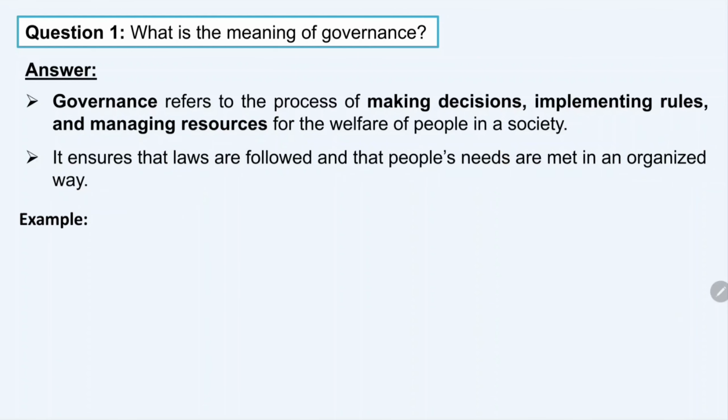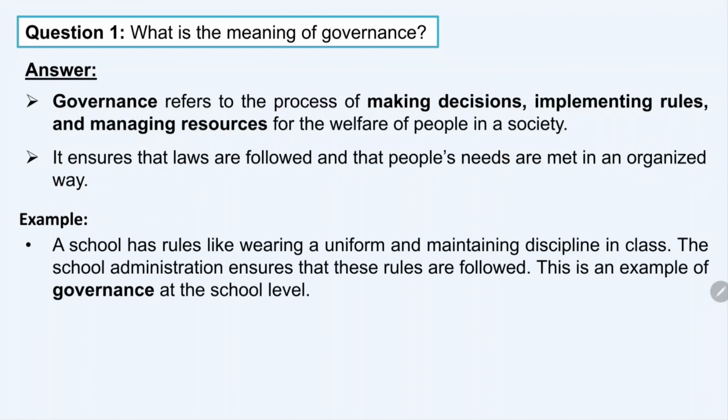Next, example: school rules like wearing a uniform and maintaining discipline in class. The school administration ensures that these rules are followed. This is an example of governance at the school level. So at the school level, if you want to understand more about governance, say in a school you have rules like wearing uniform, maintaining proper discipline in the class, going to school every day except holidays, isn't it?